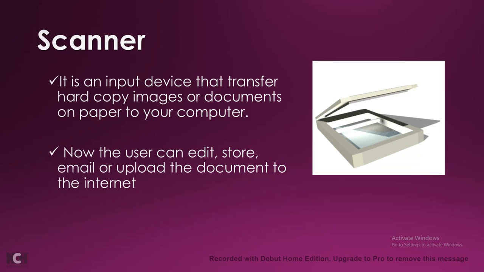The function of a scanner is that it can take a hard copy, which could be a photo or any document, and you don't have a soft copy and you want to edit it, so you can take that photo and make it into a digital form, digital copy or soft copy form.